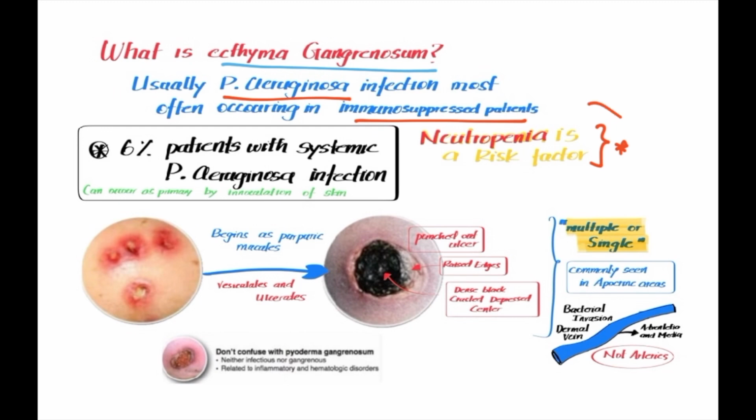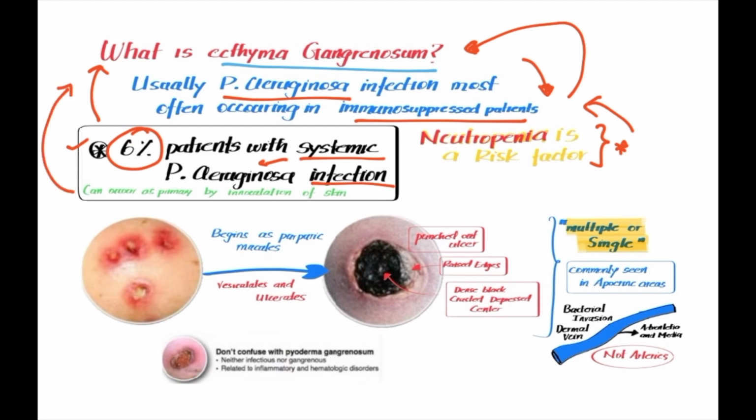This also can be seen in normal patients. 6% of the patients who have systemic infection of Pseudomonas aeruginosa can develop ecthyma gangrenosum. And local inoculation also can lead to ecthyma gangrenosum.